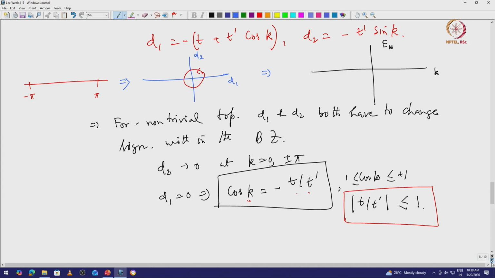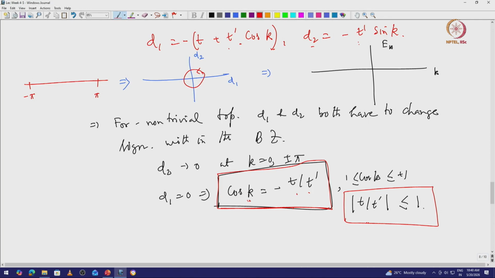So, that gives me d2, the imaginary part of the off-diagonal hopping, remains the same. It is the d1 part where I removed the bracket from here and put it here, and that gives me this condition, which remains the same. There was no typo here. So, then the condition is that the modulus of T by T prime has to be less than or equal to 1.